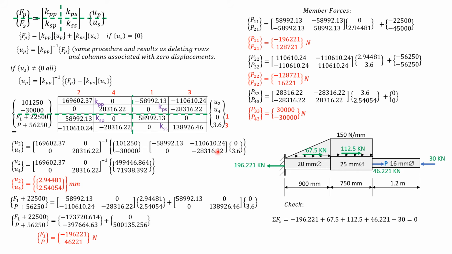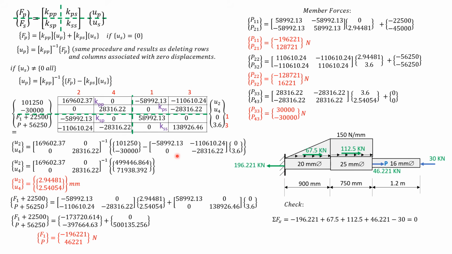Then negative 110,610.24 times 3.6, negative times negative, so positive, 101,250 plus 110,610.24 times 3.6 will give us this value here.